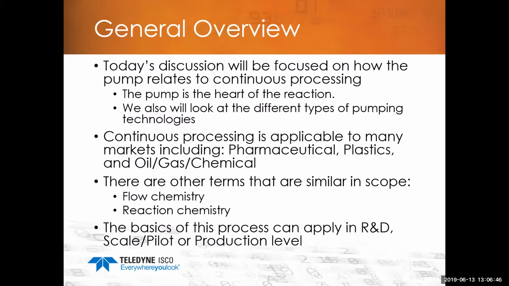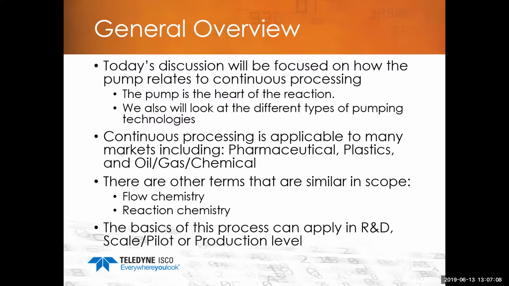The term continuous processing is applicable to many different markets. You do it when you're creating new drugs, when you're working with plastics, and you also do it in the oil and gas and chemical industries. Other terms similar to continuous processing are flow chemistry and reaction chemistry.